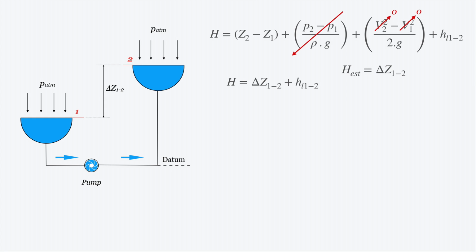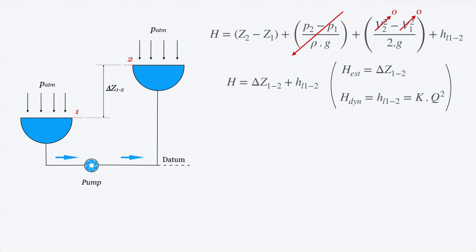The geodetic head difference is the static part of the equation, and the dynamic part of the equation is the one referred to the head losses. And we see here the head losses are equal to a coefficient multiplied by the square flow rate or the square velocity. It can be directly determined through this equation.